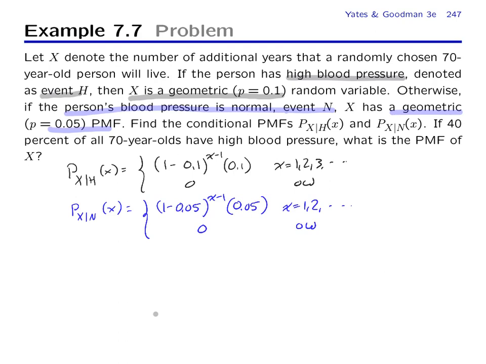And finally, we get some information that allows us to combine these facts. And this information is that 40% of all 70-year-olds have high blood pressure.